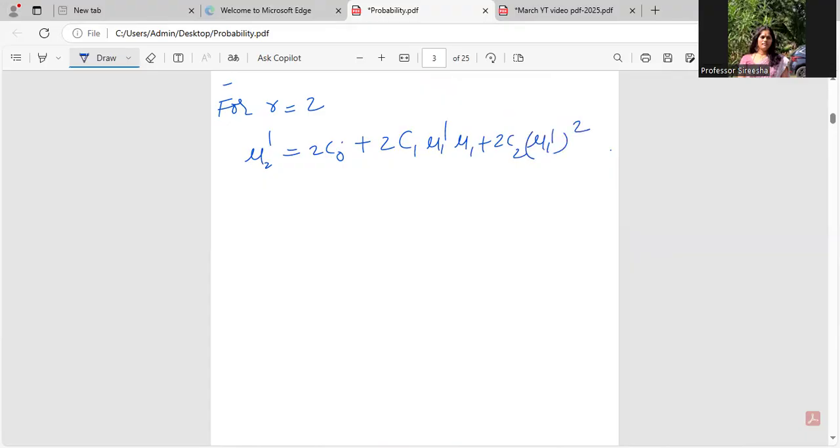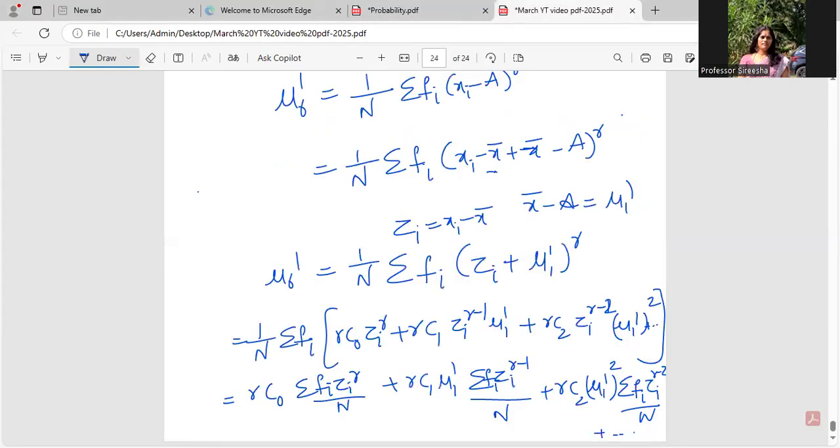Okay. Now, in this, let me put one more thing. Summation fi zi, here I have put xi minus x bar. So let me write something about it. Summation fi (xi minus x bar) whole power r by n.